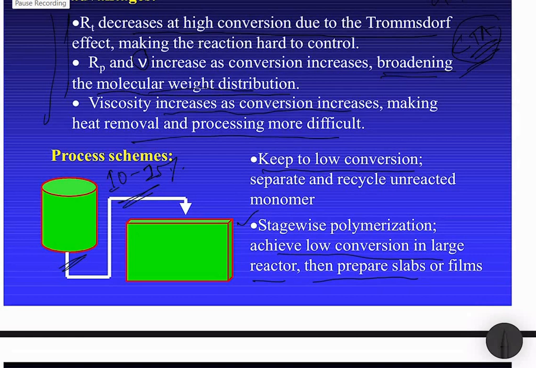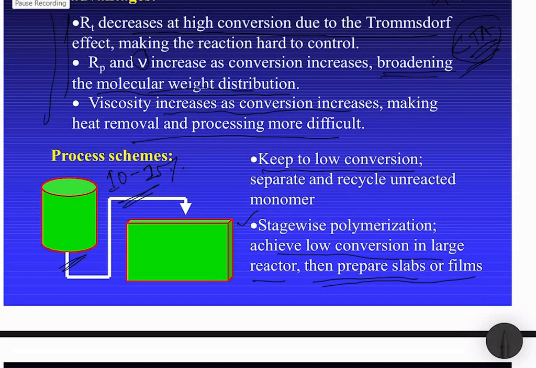So up to 25% or sometimes 30% conversion can be done in a reactor under stirring mode. And after that, it can be transferred in a mold kind of stuff, and the slabs or films can be prepared there after further polymerization.